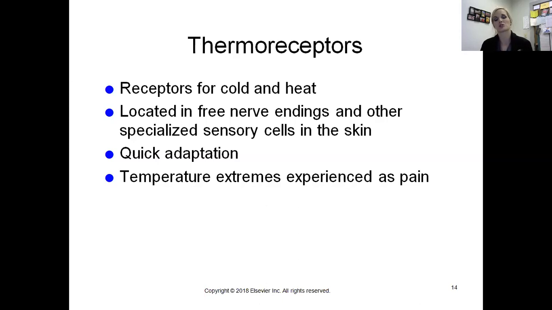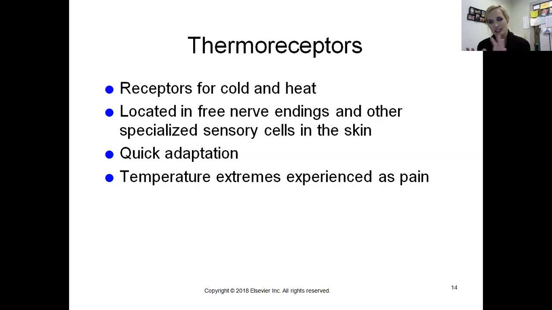However, temperature extremes are experienced as pain, and we don't want that to adapt, like we were talking about earlier. An example would be if I'm standing close to a bonfire. Obviously, we're going to respond to that as heat, and we might be at the bonfire because we're cold, and it's heating our body up and helping us to prevent from being too cold. But what if we get too close to the bonfire?